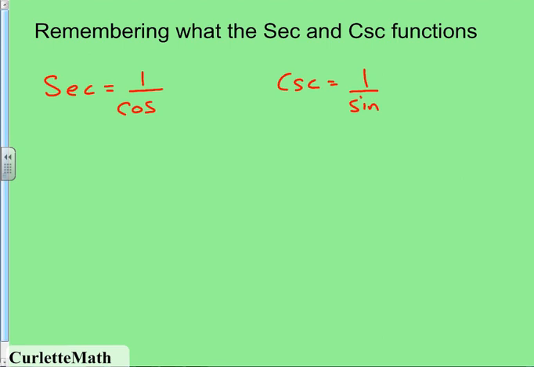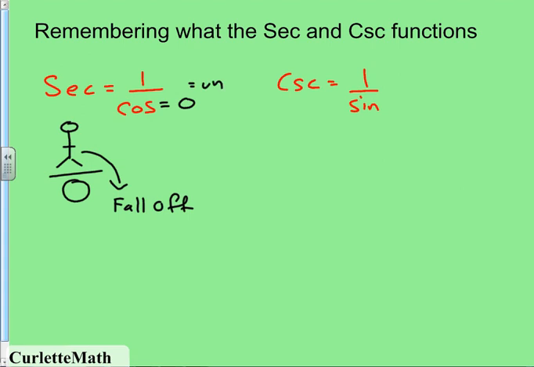Now, before we go any further, let's think about something. We talked in a previous lesson about not being able to stand on top of a ball; if we stood on top of a ball, we would fall off. Standing on top of the ball is like being on top of a fraction of 0. So if we have a cosine of 0, that's going to make the secant function undefined.